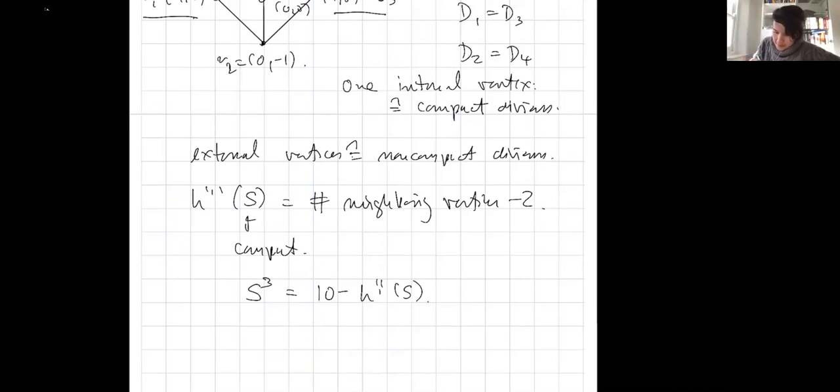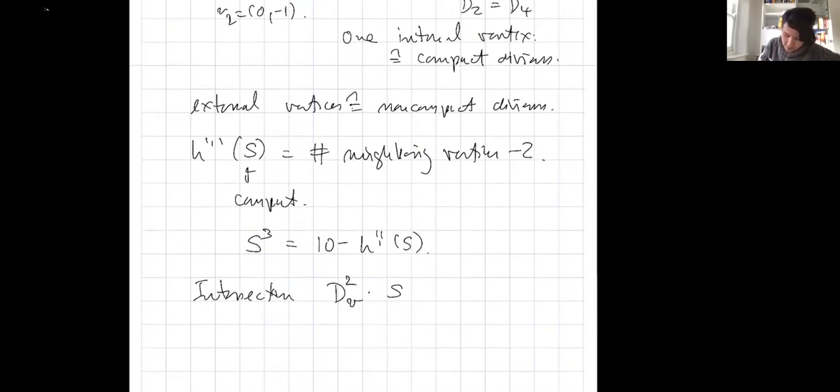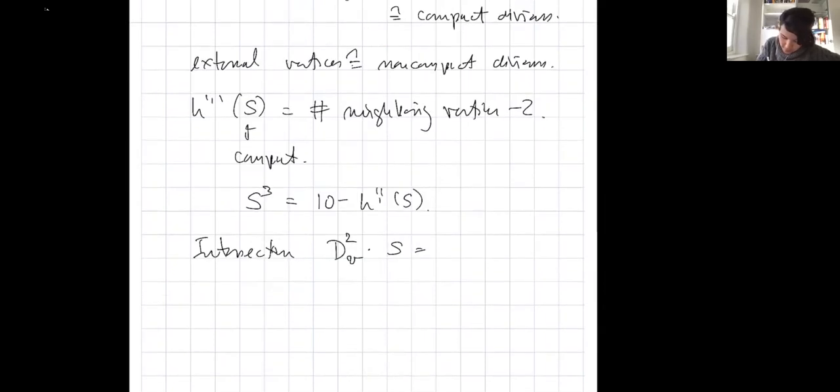Okay, and finally, if we have a non-compact divisor D_V associated to a vector V in sigma, squared and dotted with S, then we actually get a curve, right? So we can think of this as we have some edge.